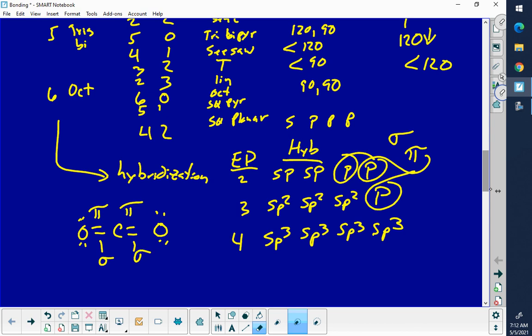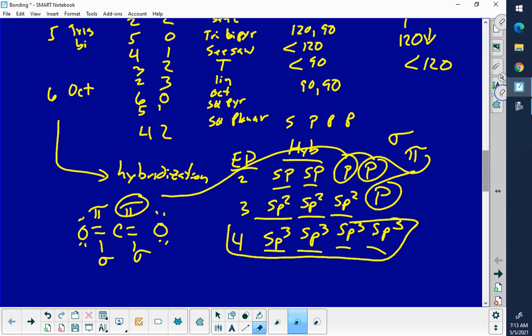These pi's cannot use hybridized orbitals. They have to use unhybridized p orbitals. So I cannot have a double bond in a situation where I have sp3 unless I am using d orbitals. And that would happen maybe with sulfate, but they don't usually do that on the AP exam. They're looking at very simple things.